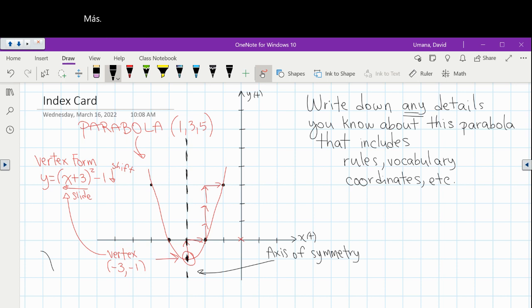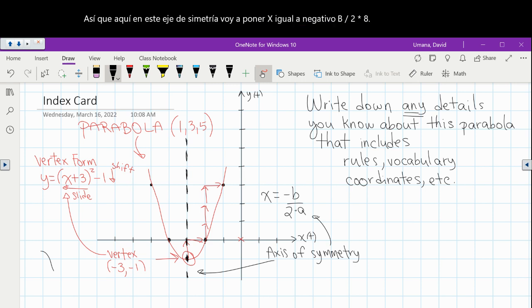And the 2 times a is what? So in here, on this axis of symmetry, I'm going to put x equals negative b over 2 times a. Axis of symmetry gives me this formula.